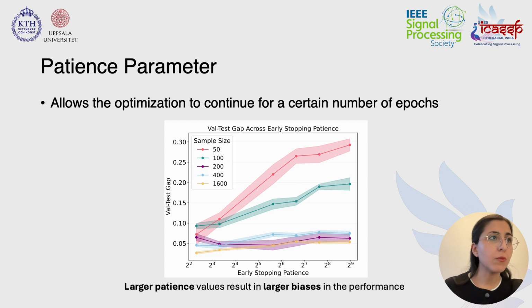You can see, if we trained our models for 512 epochs, like 500 epochs, sorry, and you wait for the whole training to finish and then choose the epoch where you get the best validation loss as your model, then you can get like 30% of validation test gap for very small data sets.